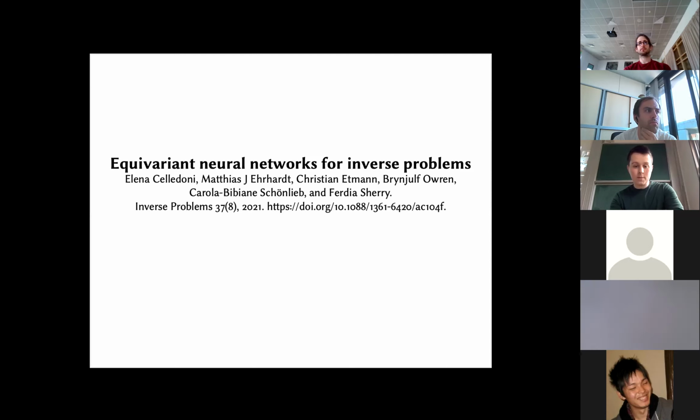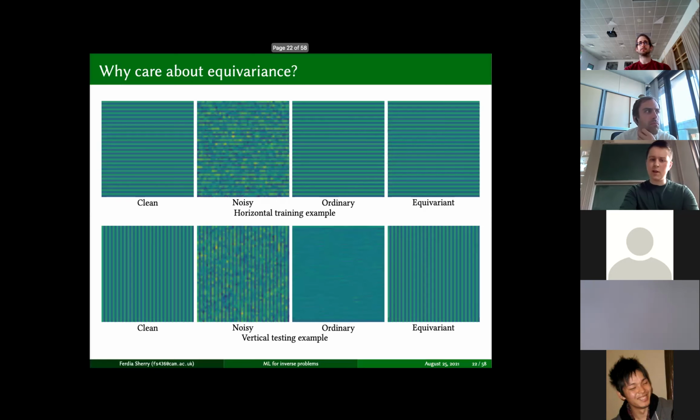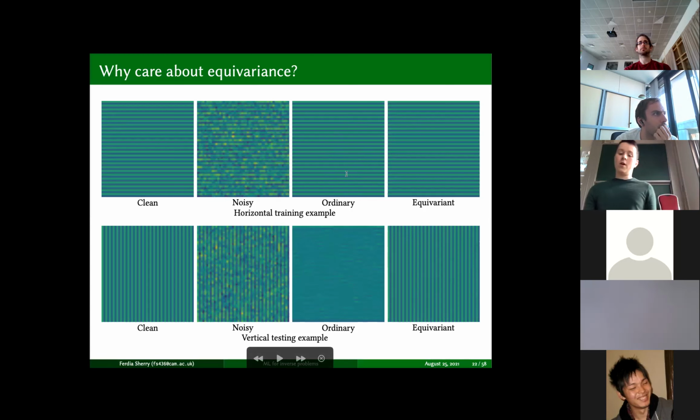Although it's sort of a hot topic and it was talked about a few weeks ago in this seminar series as well, I'll give a bit of background on why we should care about equivariance. This is a bit of a contrived toy example maybe, but here I've trained an ordinary CNN, so a purely translationally equivariant CNN, and a roto-translationally equivariant CNN to denoise this image consisting of horizontal stripes.